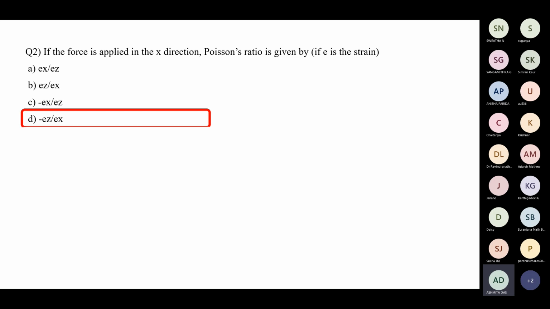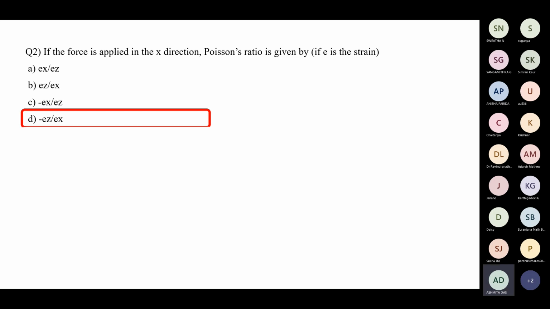Suppose we consider this cube and we put the force in the x direction. This is the z axis, this is the y axis. Usually when we put the force in the axial direction, the length will increase in the axial direction, and in the transverse direction, the length will decrease.